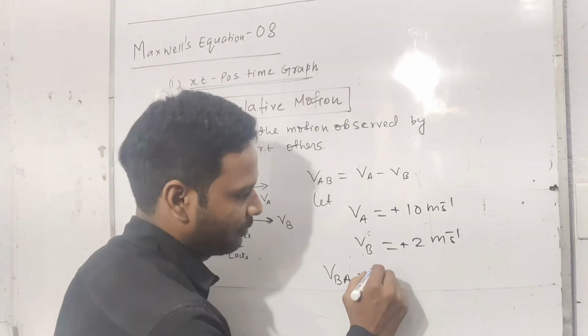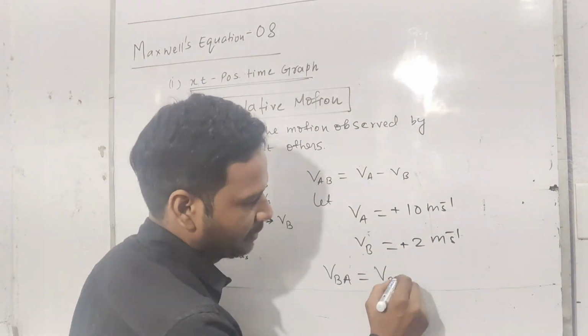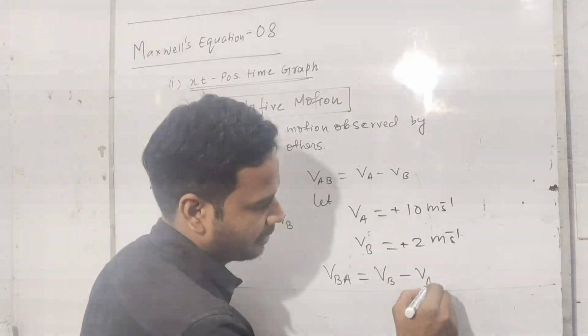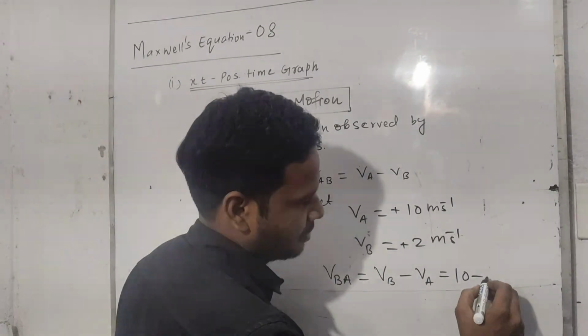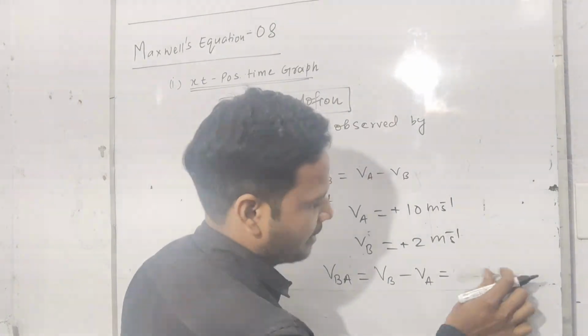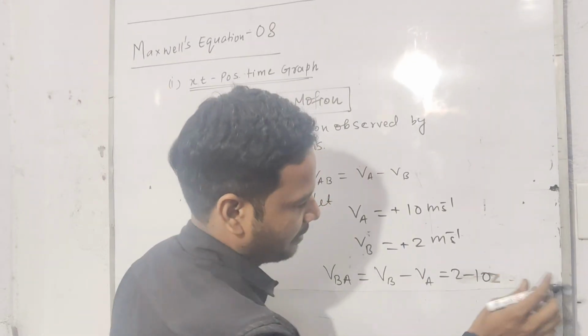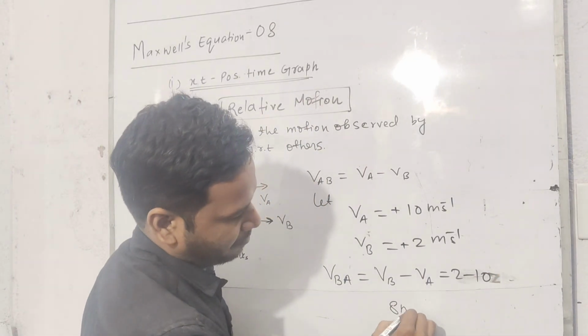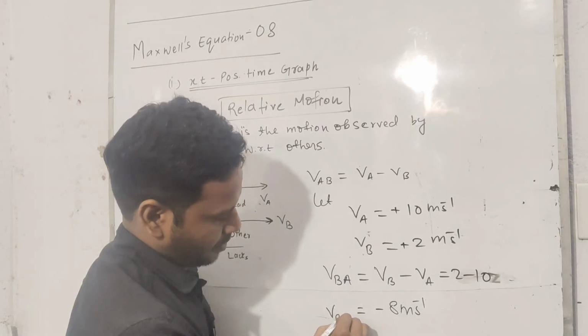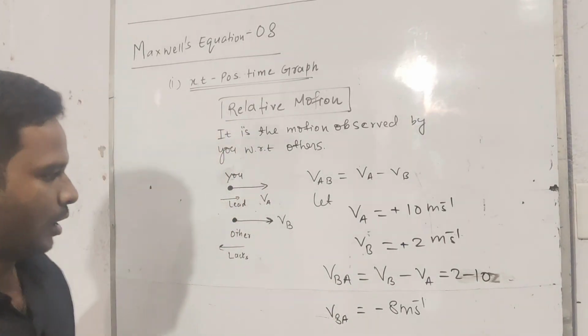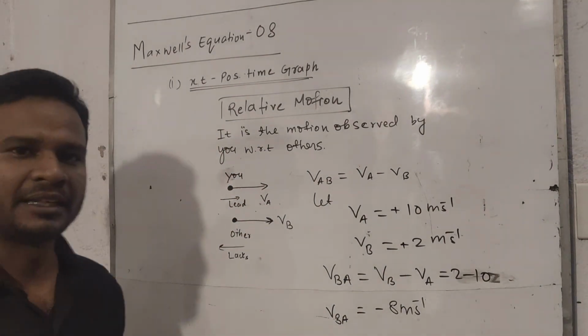For this we shift A and B, and we find that it is 2 minus 10, that is 8 meter per second but with a negative sign. So B observes minus 8 meter per second.